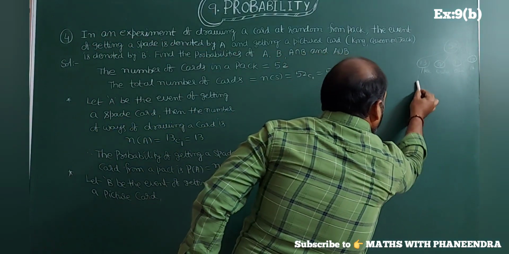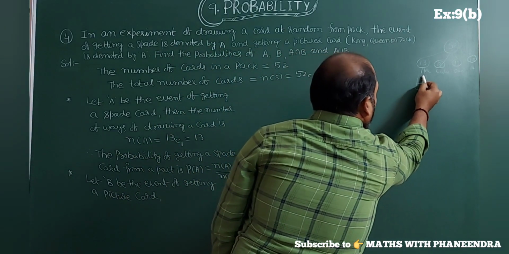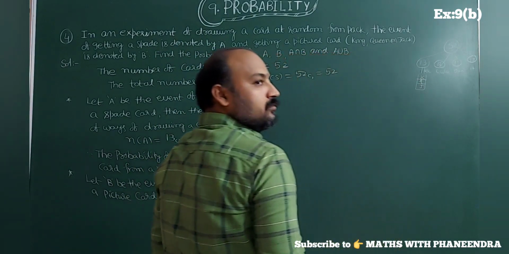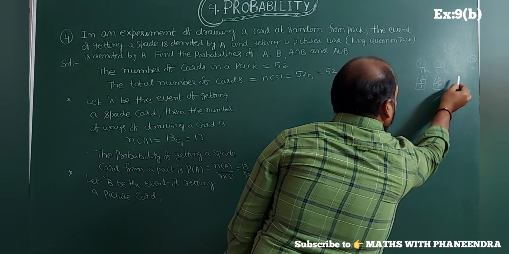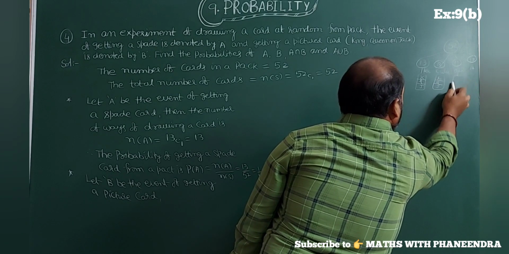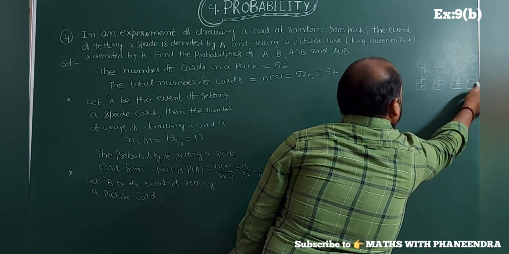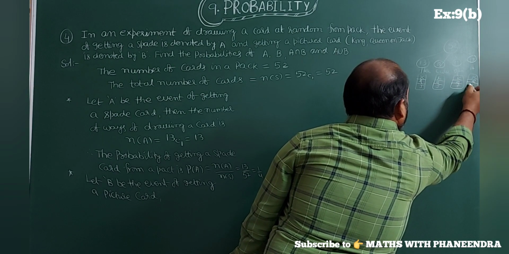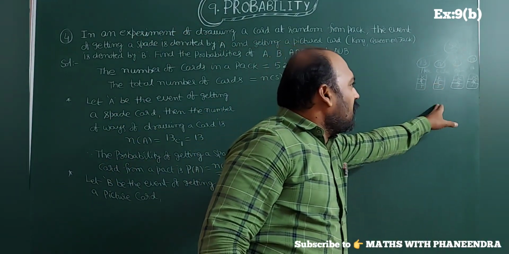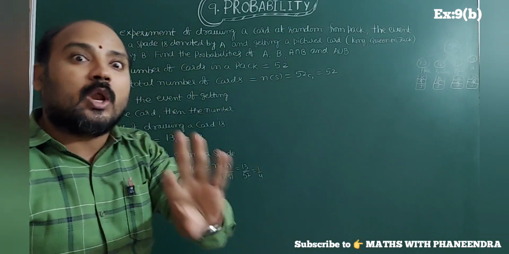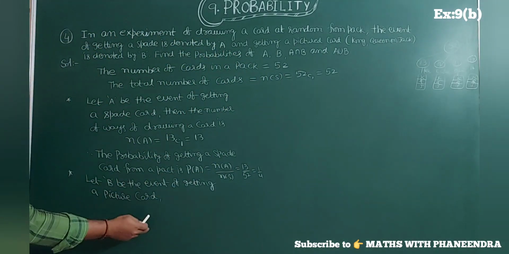In these 13, 3 picture cards are there, that means king, queen and jack. Even in this set also, king, queen, jack. Even in this set also, king, queen, jack. In this set also, king, queen, jack. So total how many picture cards are there? 3 plus 3 plus 3 plus 3. Total 12 are there. So let B be the event of getting a picture card.